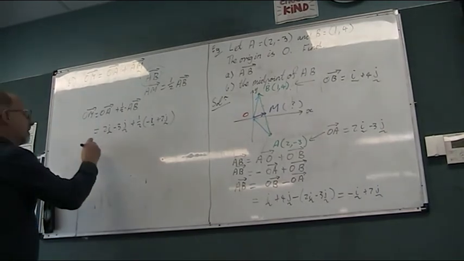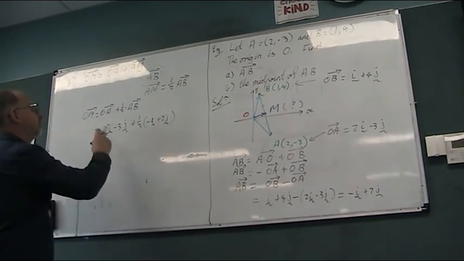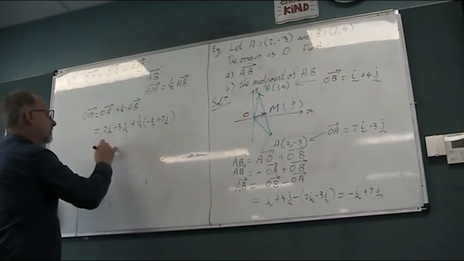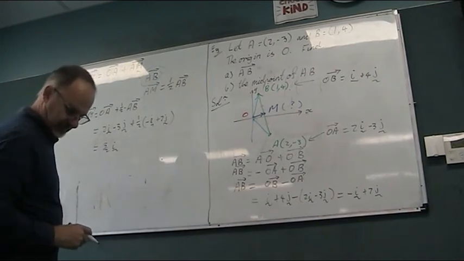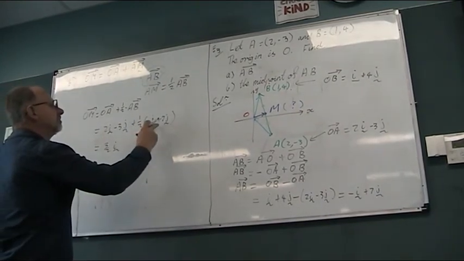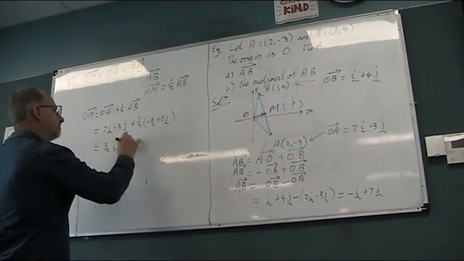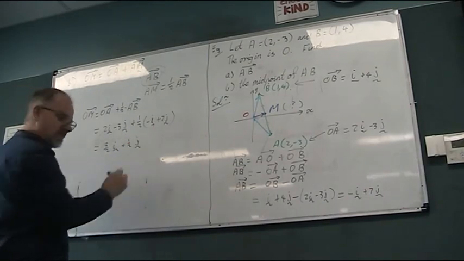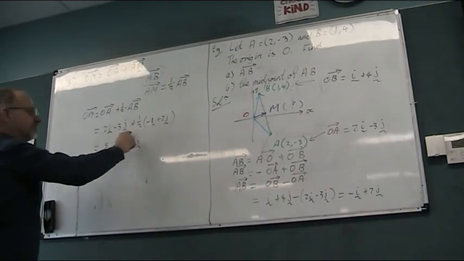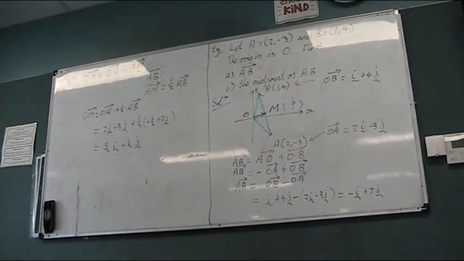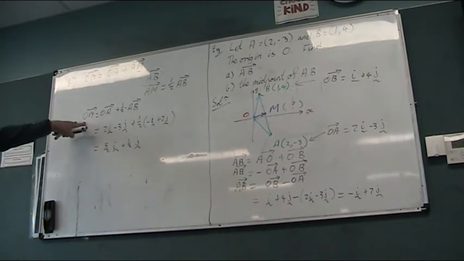And so then we go 3 over 2 i, plus a half j, 7 over 2. Now, didn't ask us for this position vector, did it?